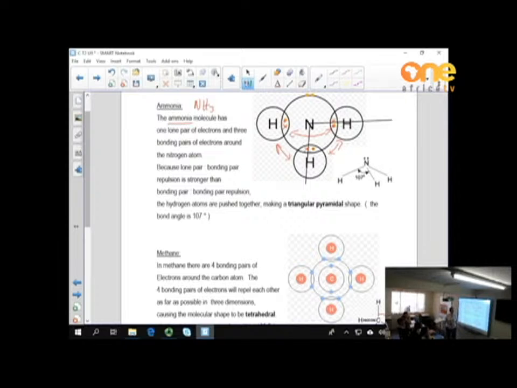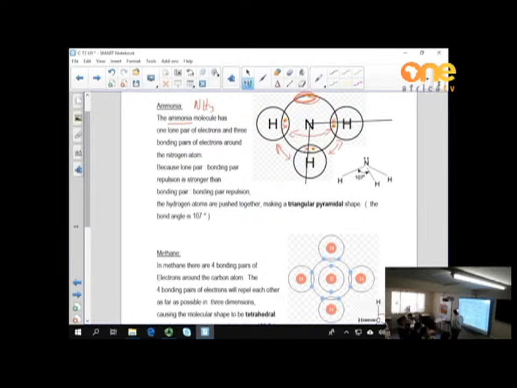We only have 1 lone pair over here, so we don't have lone pair repulsion like we had in water. We've only got lone pair, bonding pair repulsion, and bonding pair, bonding pair repulsion.